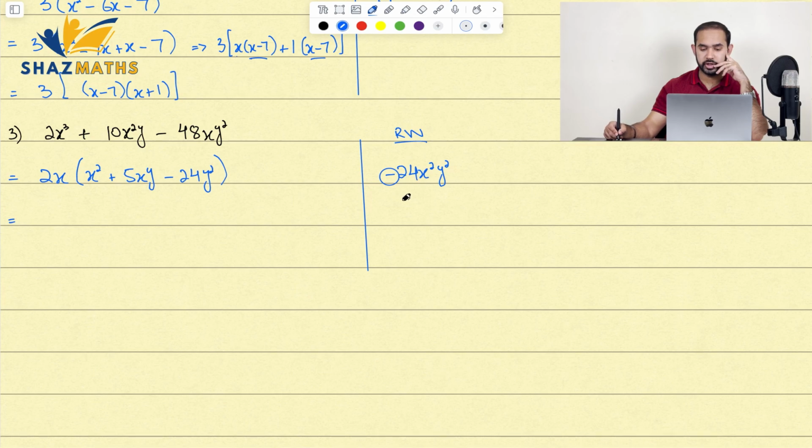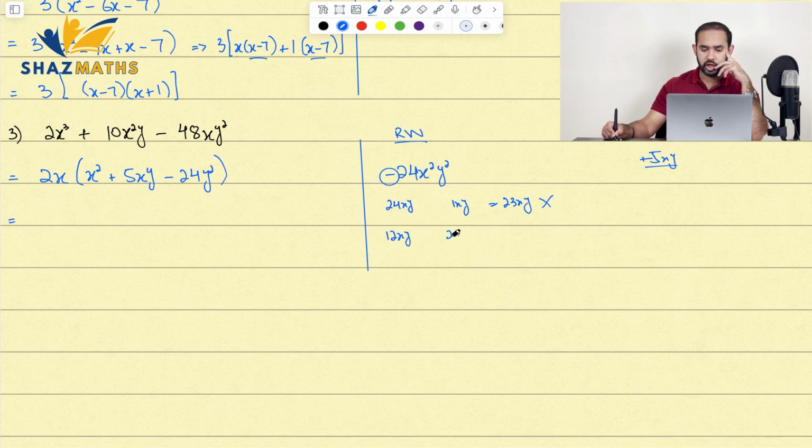So that would be either 1 and 24. So 24xy and 1xy. If I subtract them, I'm going to get 23xy, which is not the middle term. I need plus 5xy, right? So let's move on. Then it would be 2 and 12.